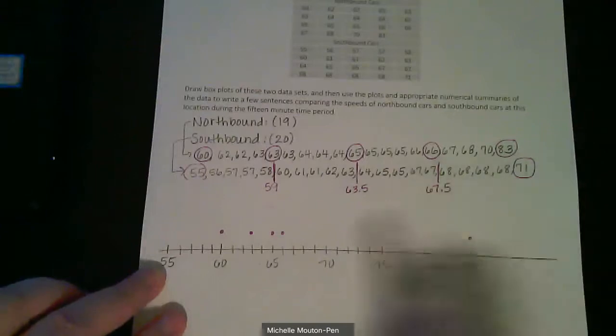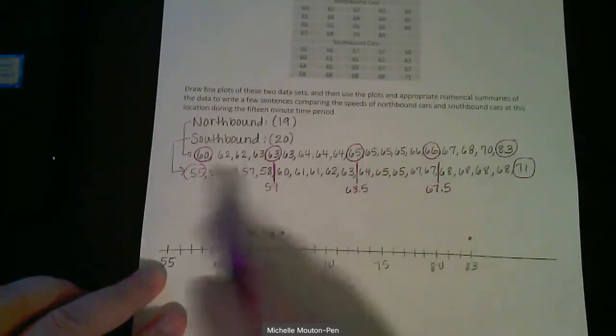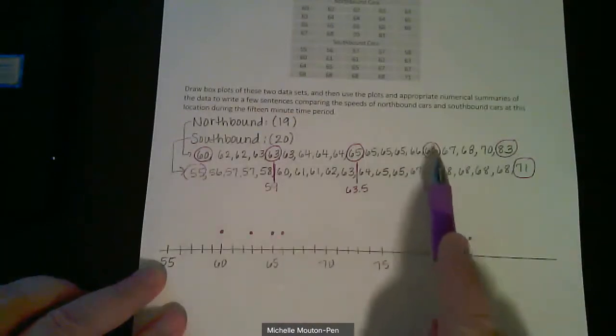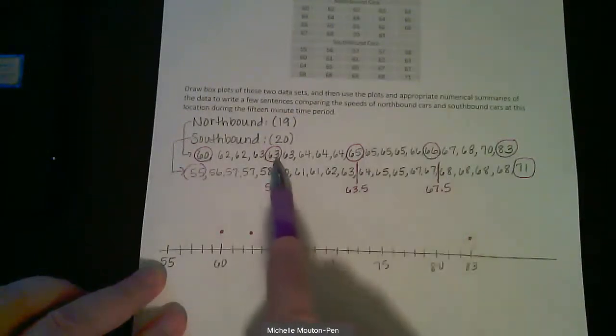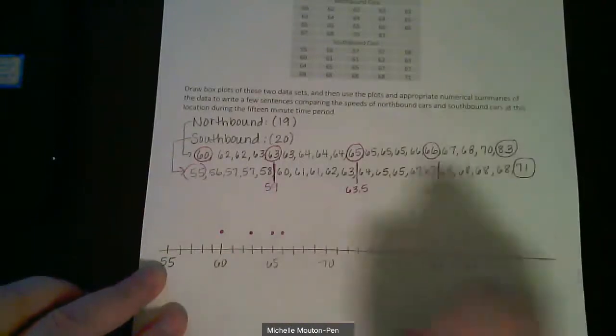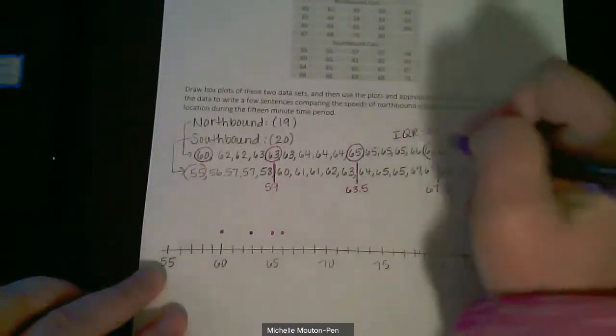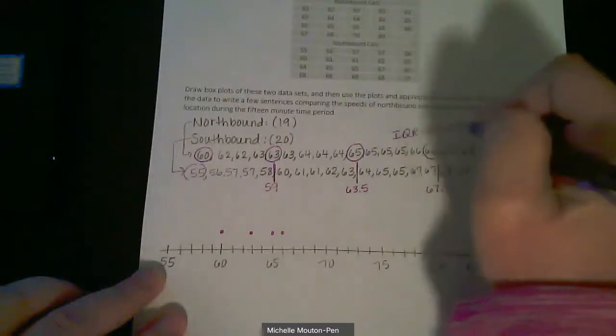If you remember, how we actually find the outlier is we find our interquartile range. For our northbound, our interquartile range is going to be 66 minus 63, which is 3. So our IQR is 3. Then we take our IQR and multiply it by 1.5. So that's 4.5.